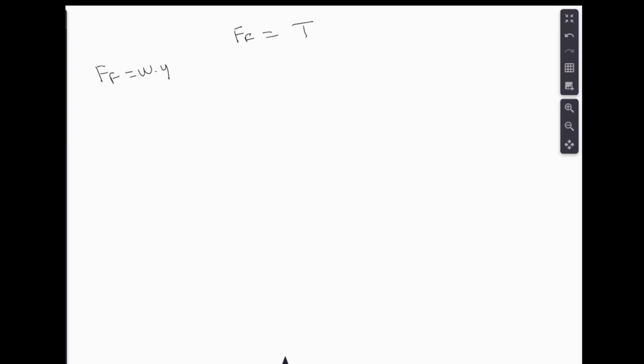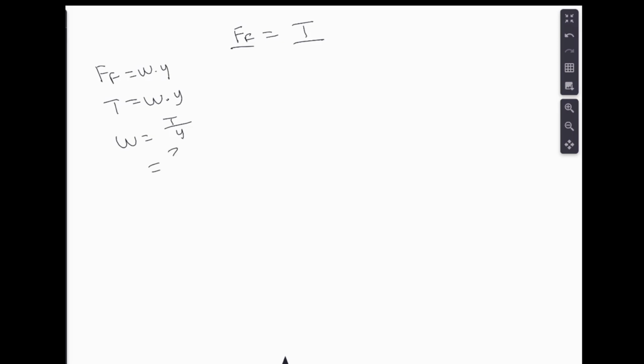Okay, now because we've said that the frictional force is equal to the tension, we can say that tension is equal to weight multiplied by the coefficient of friction. Then that means weight will equal tension divided by the coefficient of friction.